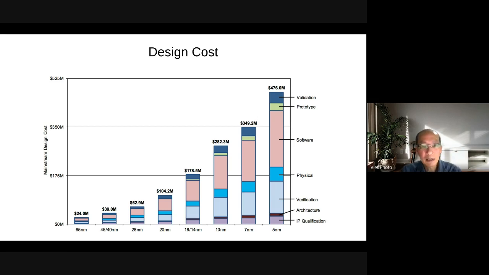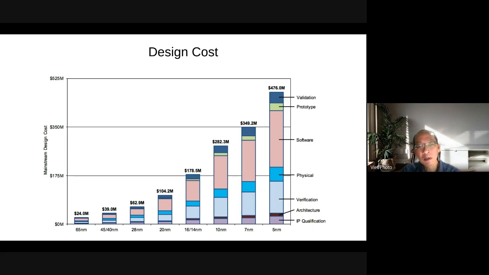You can see that since 65 nanometer, let's say 40 nanometer is about 2012, and this one about 2010, until here is about 10 or 11 years, the cost goes from 24 million to 500 million. With this trend, I think 4 nanometer, where we are right now, is about 700 million.